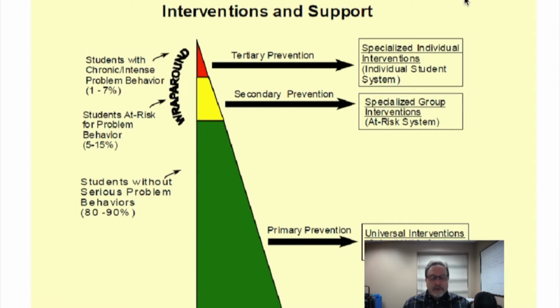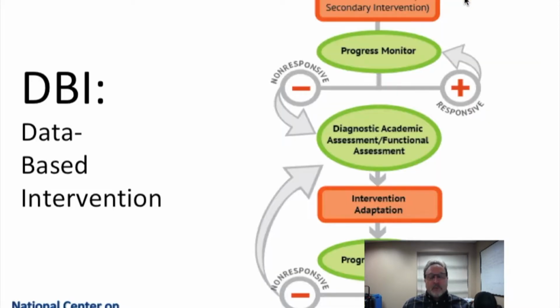We've talked about it earlier in terms of tier 1 as a primary prevention, with universal supports, and then tier 2 with group interventions, and then that third level where we apply the specialized individual interventions that are much more intensive. I'm not going to go through this again, but I'll just note that the same sort of general process is involved with behavior as it was with academics.